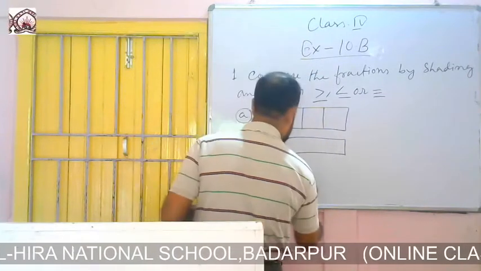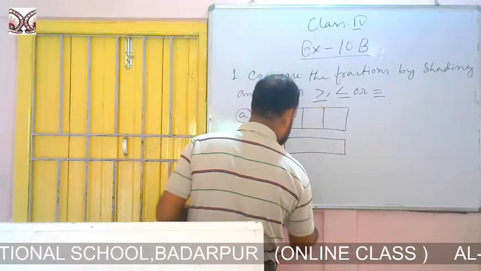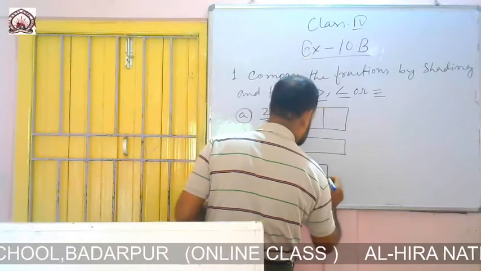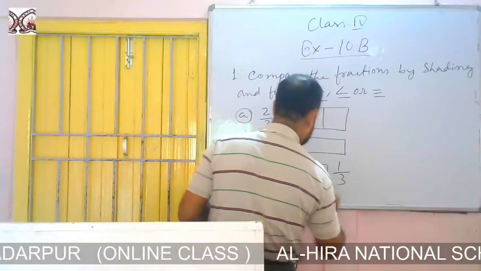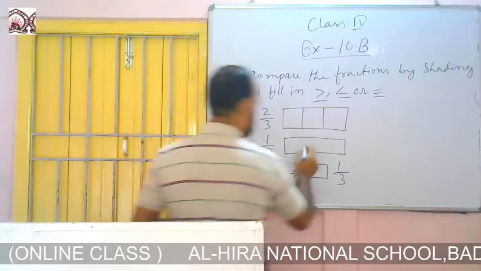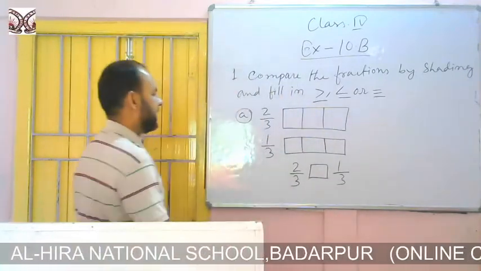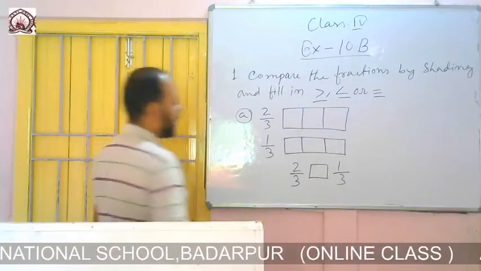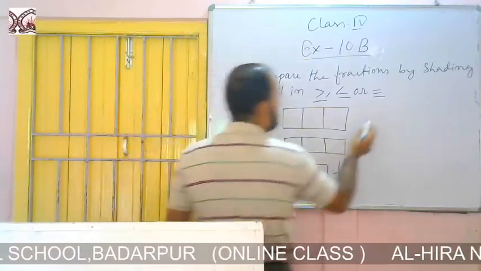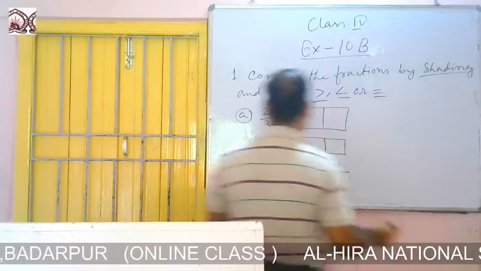So here 2/3 box, 1/3. Now here also the 3 is the same, both rectangles are equal. So now first we shade.